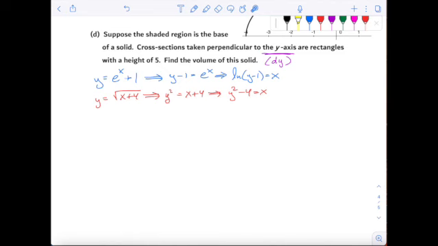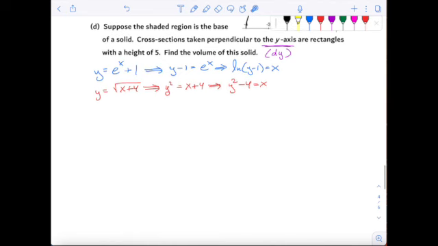And with these cross-section problems, the big concept is always correctly describing the area of whatever cross-section you're dealing with. And if you can describe the area, then you integrate it to get that solid volume, to add up all those infinite cross-sections. So the area of a rectangle hopefully is pretty easy. That's base times height. The height of each one of these is 5.